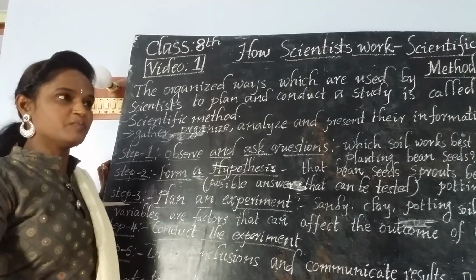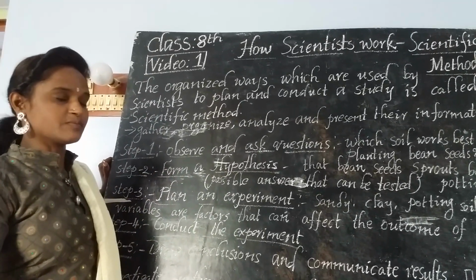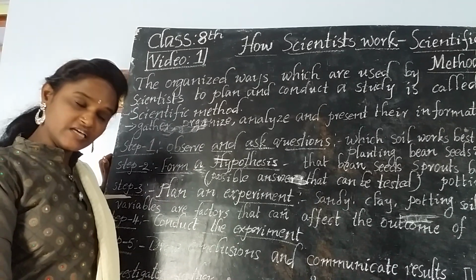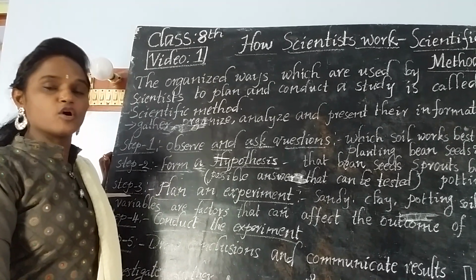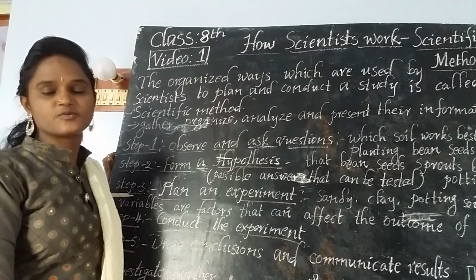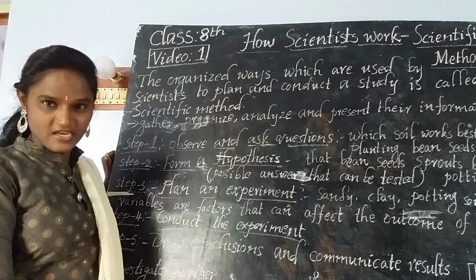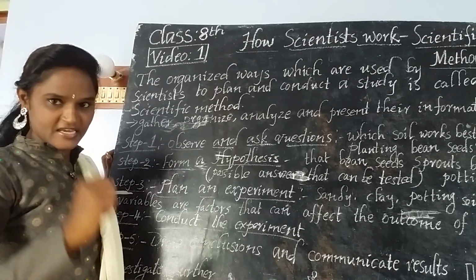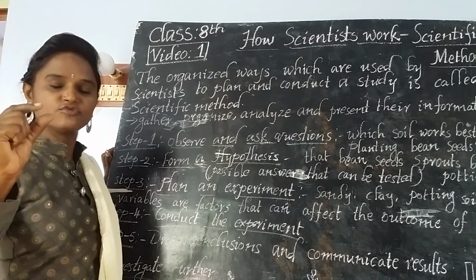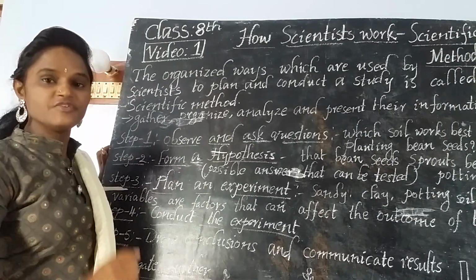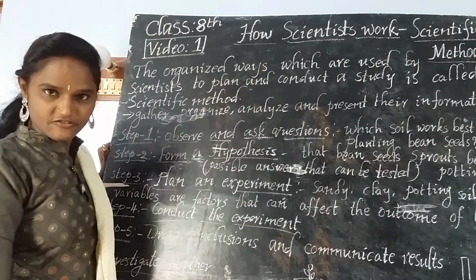Some people may ask questions to the elders and get answers. Some other people want to know the answer by their own experience, not by asking others, like a scientist. If you want to know the answer to any question, we have to follow the scientific method.